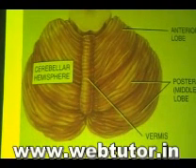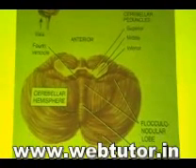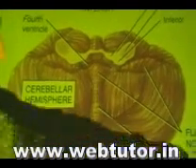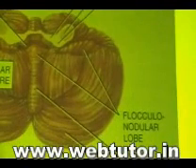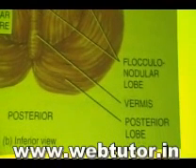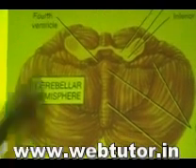Okay, this is the superior view, right? So if you have the inferior view, if you see it from below, you will see the floccular nodular lobe. Okay, your cerebellum actually sits on the brain stem, right?